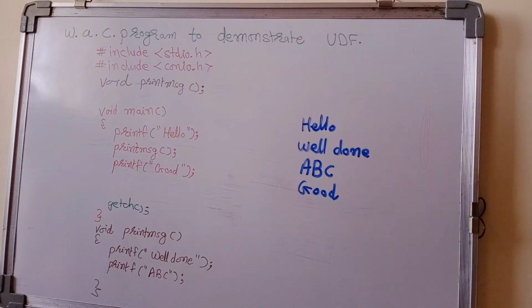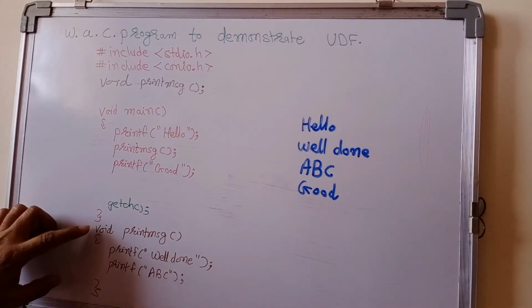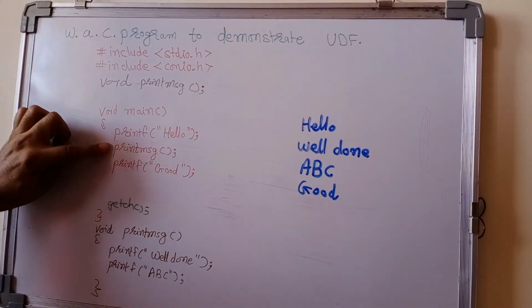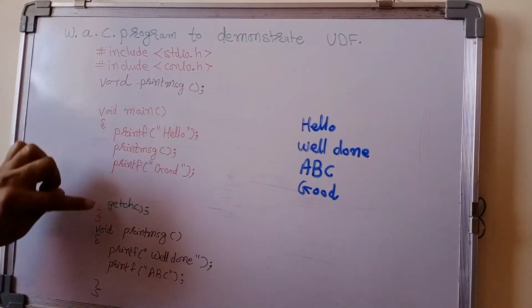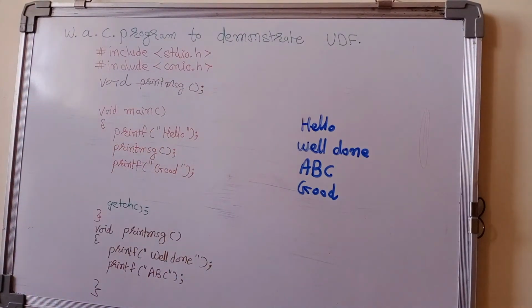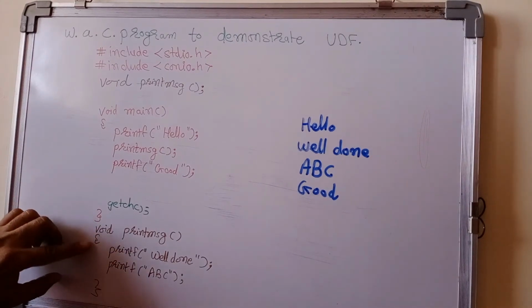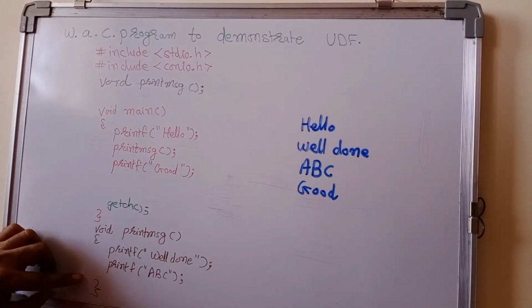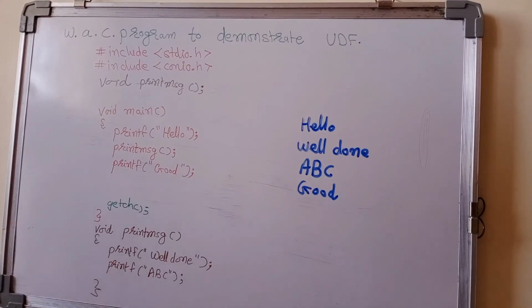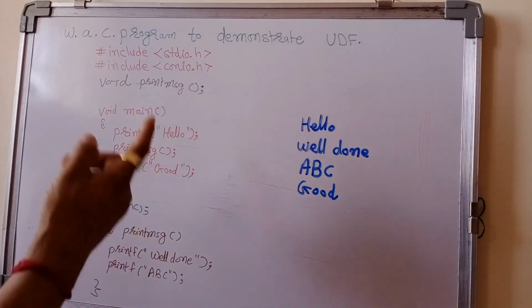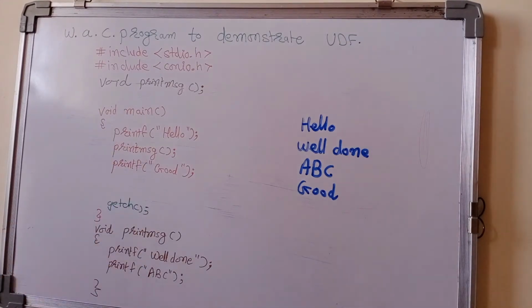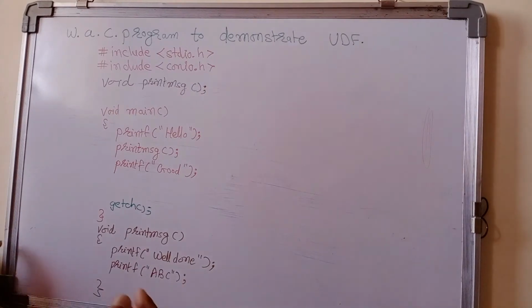Here there is a question: can we call our user defined function more than one time from the main? Yes, we can call our user defined function as many times as we like. Let's make changes in our program and find out what will be the output. I wrote down one more statement.